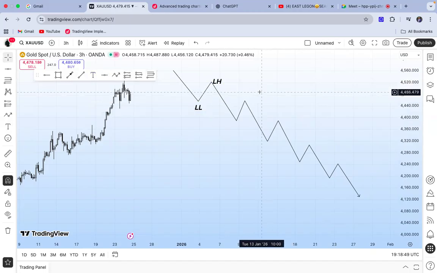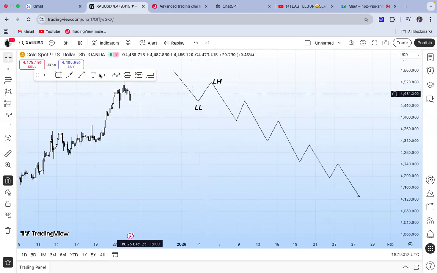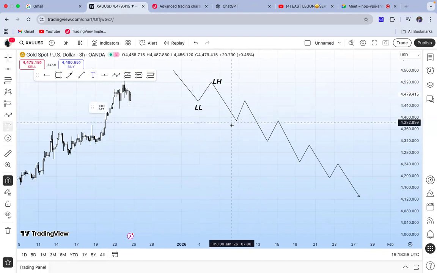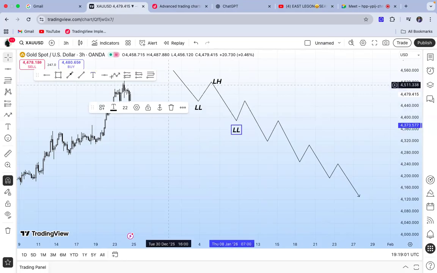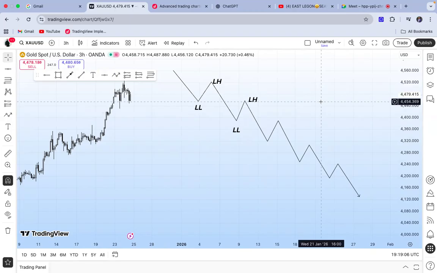Okay. So it means that the peaks here are lower highs and the bottoms are what? Lower lows. The opposite of the uptrending market. So we have a lower low and then a lower high. So it keeps on forming the lows and highs as it drops.